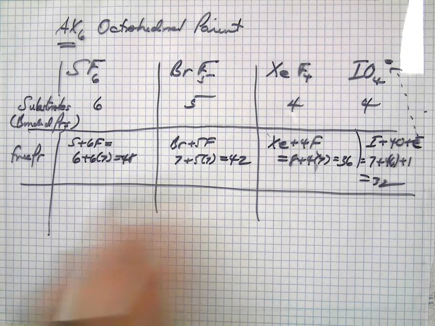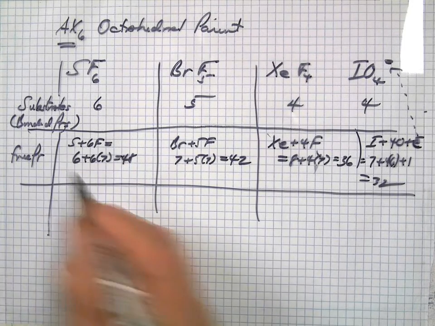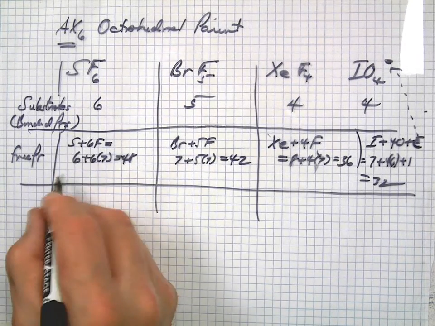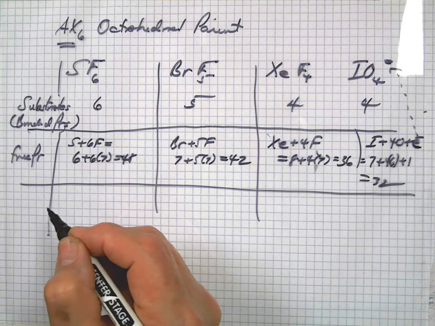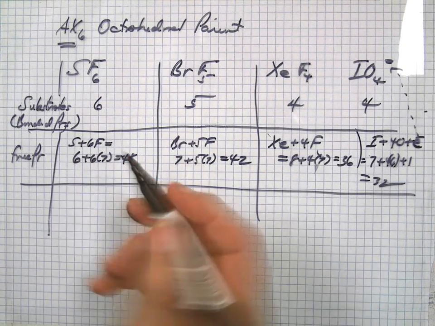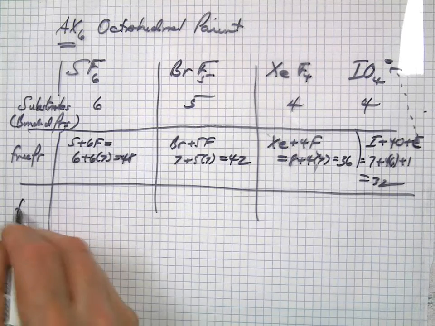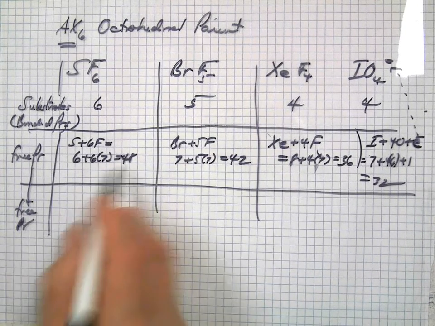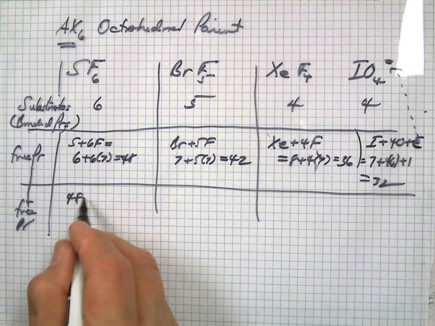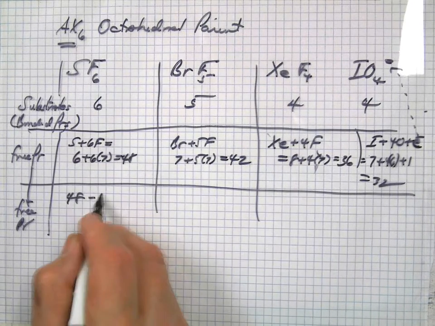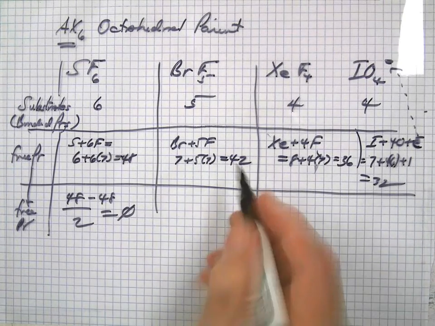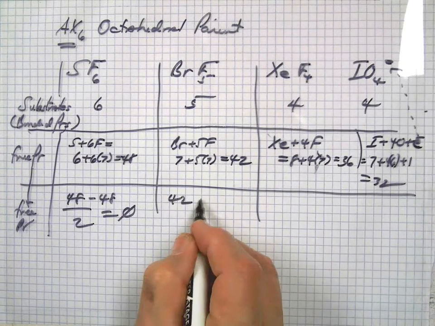Okay, so we've got to calculate our free pair, valence minus substrate over 2. We got 6 substrates. Let's put free pair down here. So our valence is 48 minus 6 times 8 is 48 over 2. This one's 0 free pair. Here is 42.